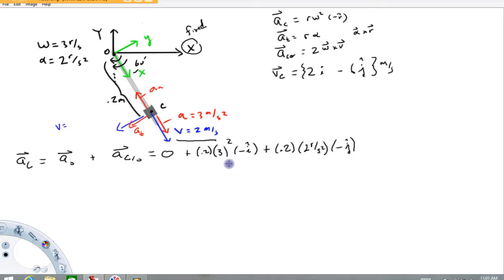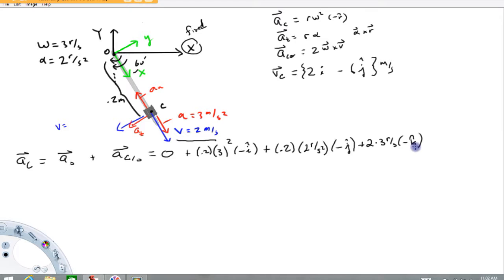All right, so we got the centripetal term. We got the tangential term due to the angular acceleration of the bar. Next, I'm going to do the Coriolis term. I'm going to write that in vector format for now. So that's going to be twice the angular velocity vector, which is 3 radians per second in the minus k direction.